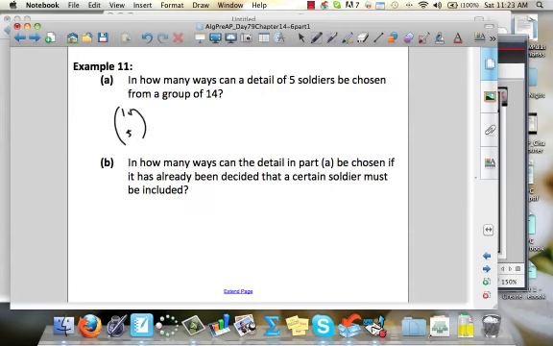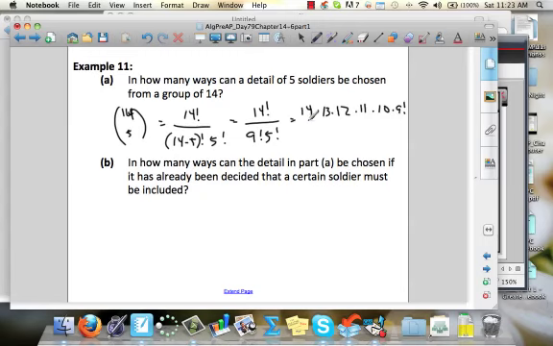So we have 14, and we're taking 5, so that would be 14 factorial over 14 minus 5 factorial times 5 factorial, which is 14 factorial over 9 factorial times 5 factorial, which is 14 times 13 times 12 times 11 times 10 times 9 factorial over 9 factorial, 5 factorial. Those cancel out.